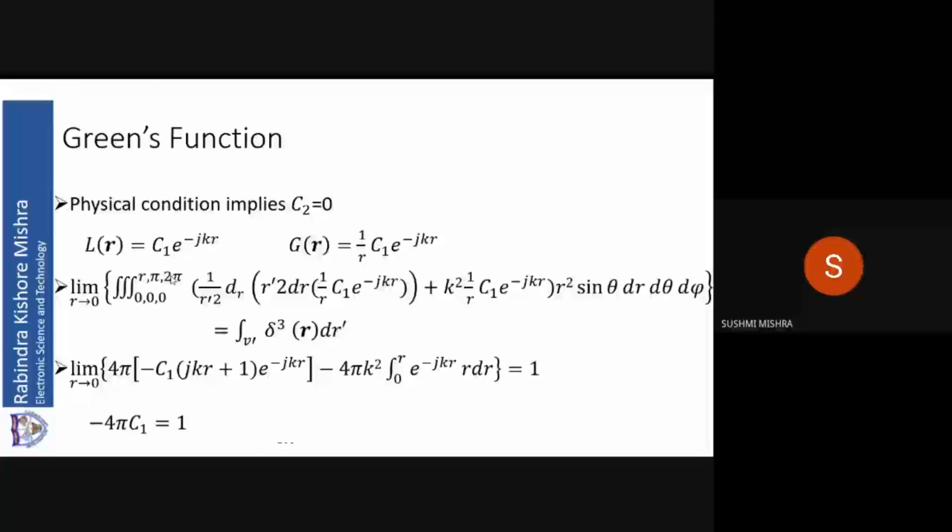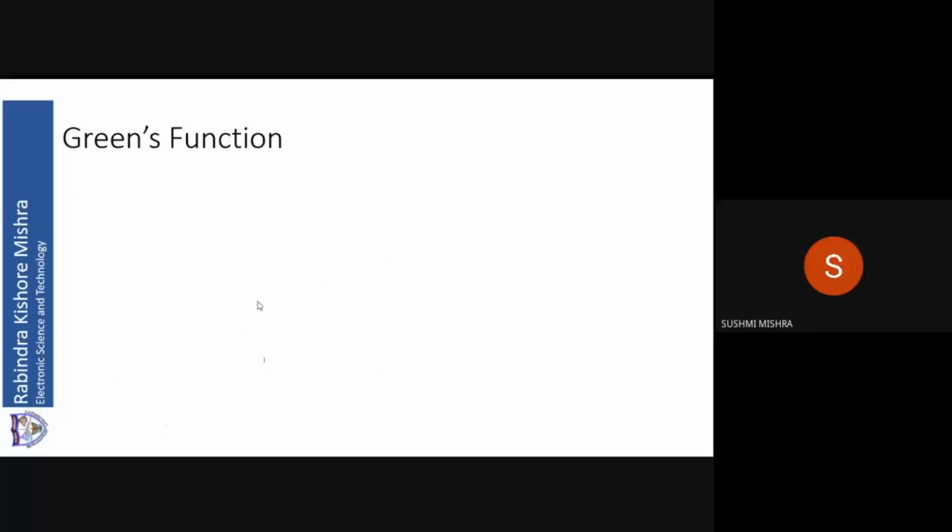Therefore, what I have got on the left hand side as r goes to 0 is minus 4 pi c1, which is equal to 1, from which we can see that c1 is equal to 1 upon 4 pi r, right? So we have found out the Green's function.